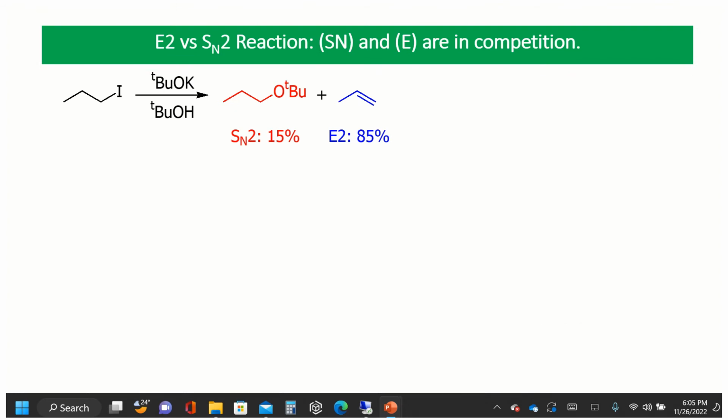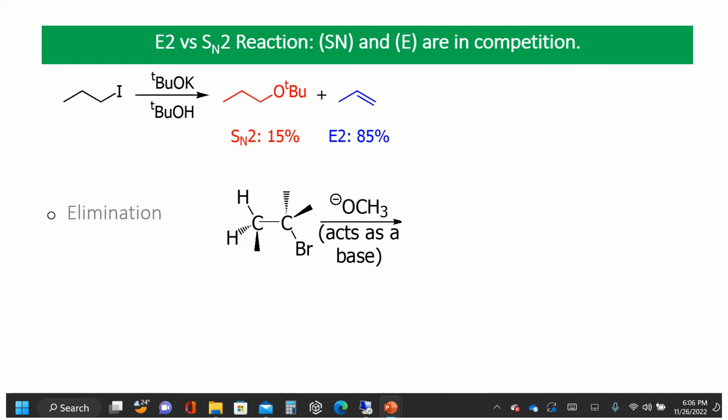So herein, you can see that we have a very strong base, and the substitution reaction is poor. Elimination dominates. The elimination, you can see, has this mechanism where we're attacking the alpha proton. So the alpha carbon has this hydrogen attached to it, so that's the alpha proton.